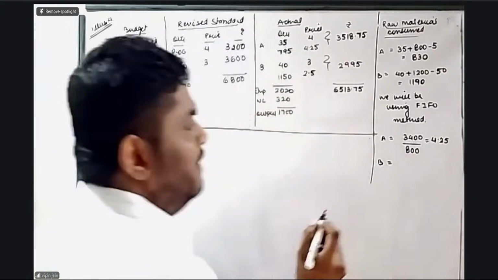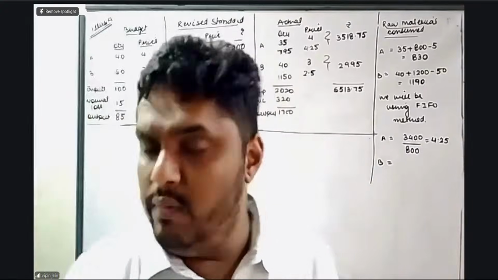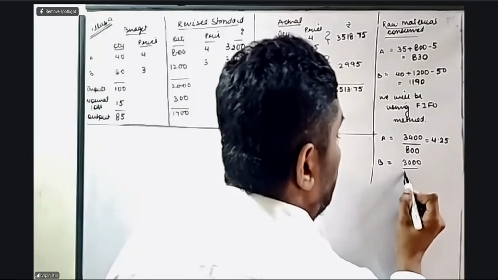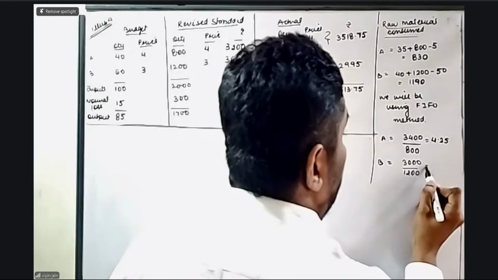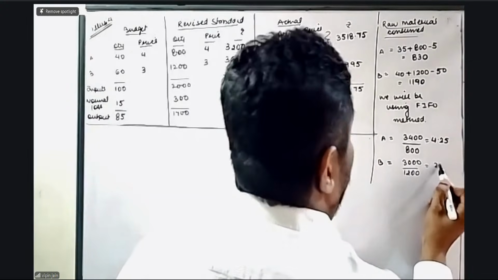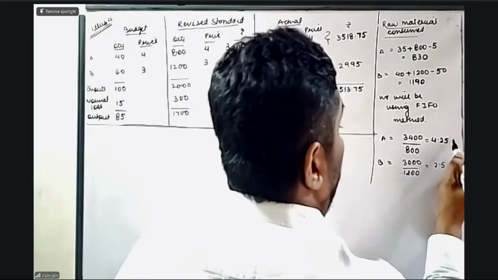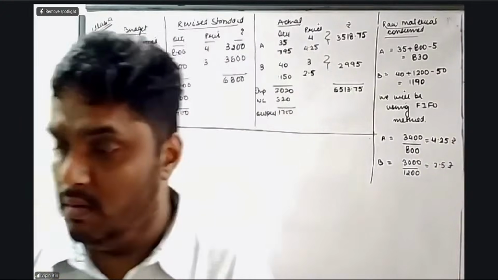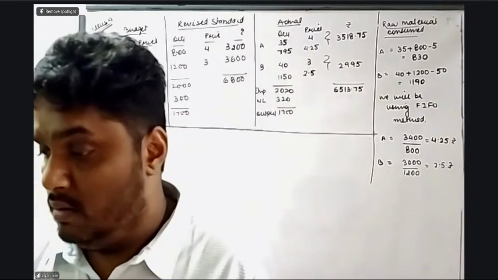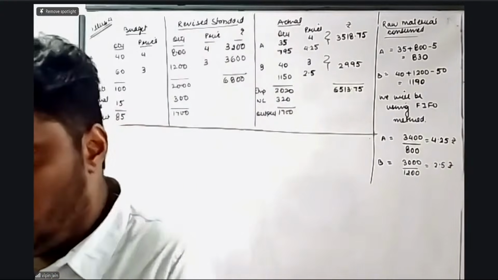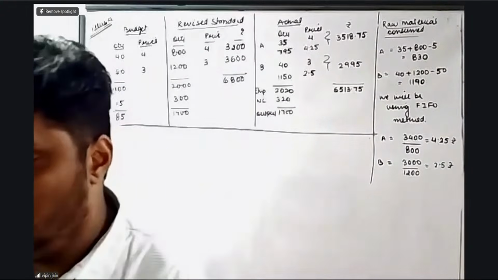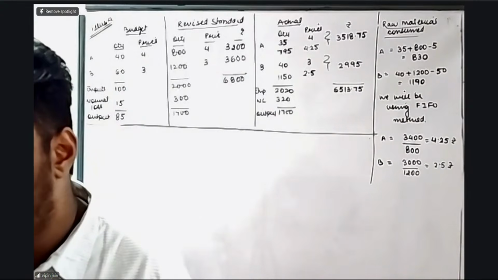Similarly for B, we paid 3000 for 1200 kgs. So this will be 2.5. I hope it is clear now. Yes, understood, sir. They have mentioned in the question that the opening stock is valued at standard price. Yes, it is given in the question. Thank you, sir. Anyone else with any doubts or queries?